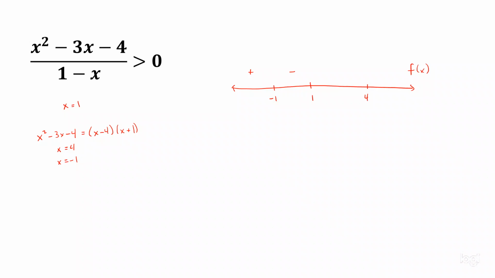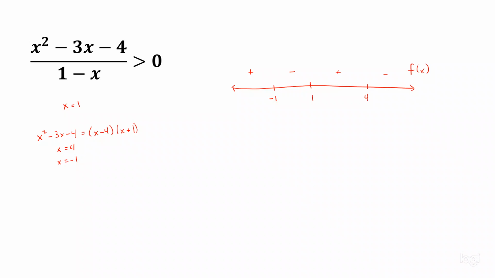So 2 squared is 4, 4 minus 6 minus 4 is negative, and 1 minus 2 is also negative. So a negative over a negative is positive. And then finally, in the region 4 to infinity, we choose a very large number. The numerator is positive, the denominator is negative, and so the function is negative.